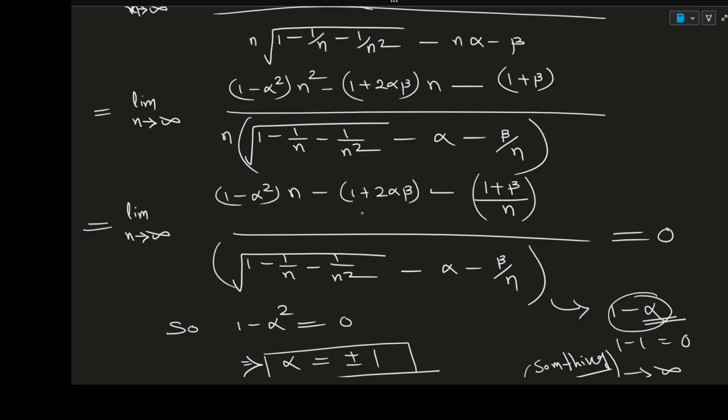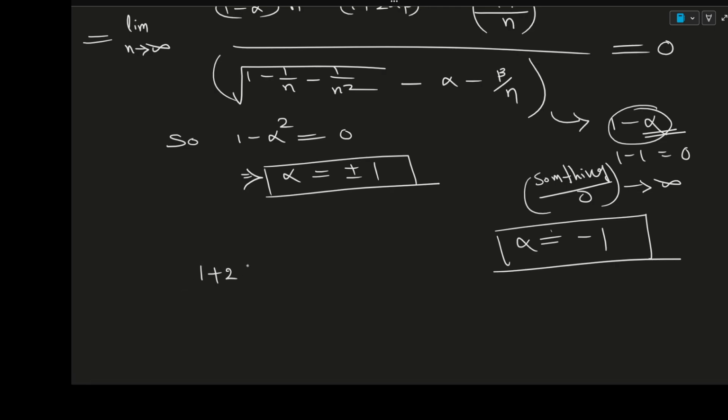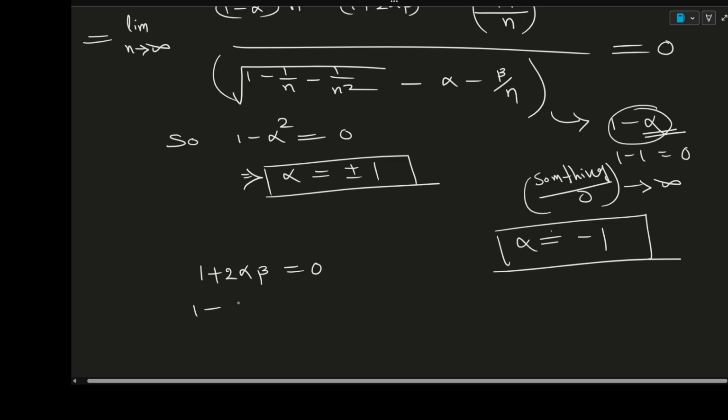So at last, I have to take 1 plus 2 alpha beta equal to 0. So 1 minus 2 beta is equal to 0, which implies beta is equal to 1 by 2. So here I get the value of beta also.